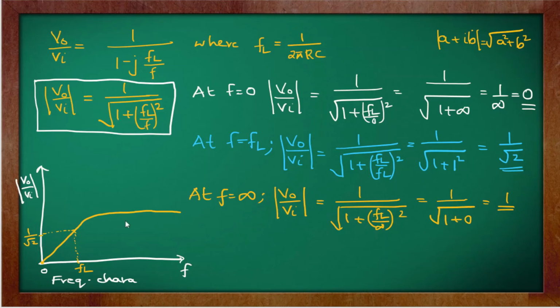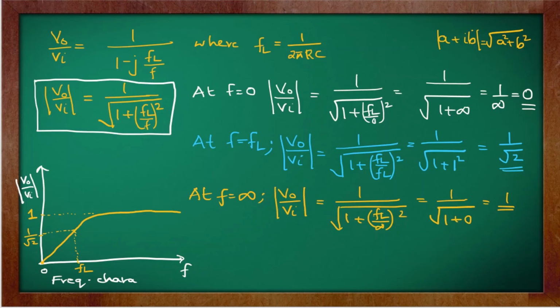And what happens if f is equal to infinity? V naught by Vi is equal to 1. So if I plot the magnitude of V naught by Vi for different values of frequencies, I will get a graph like this, V naught by Vi versus f, which I call the frequency curve.